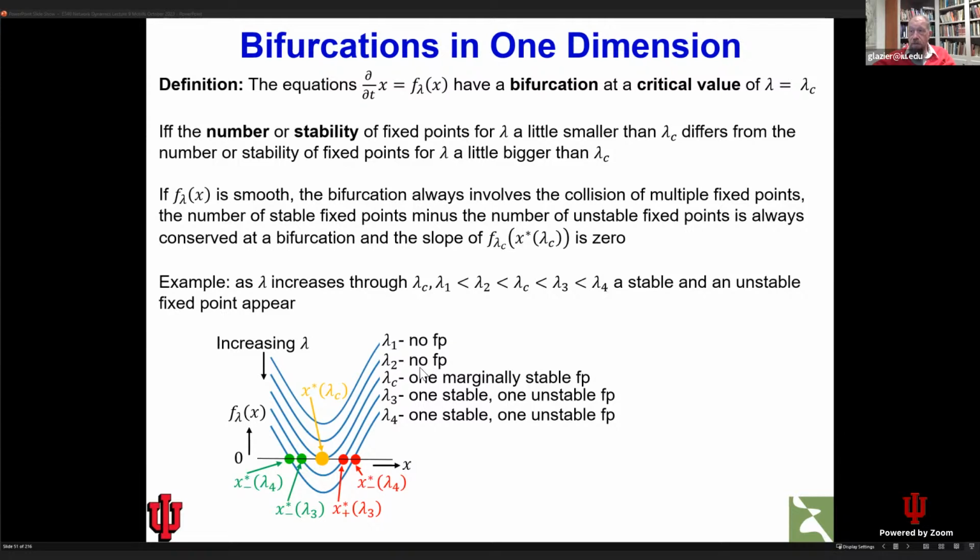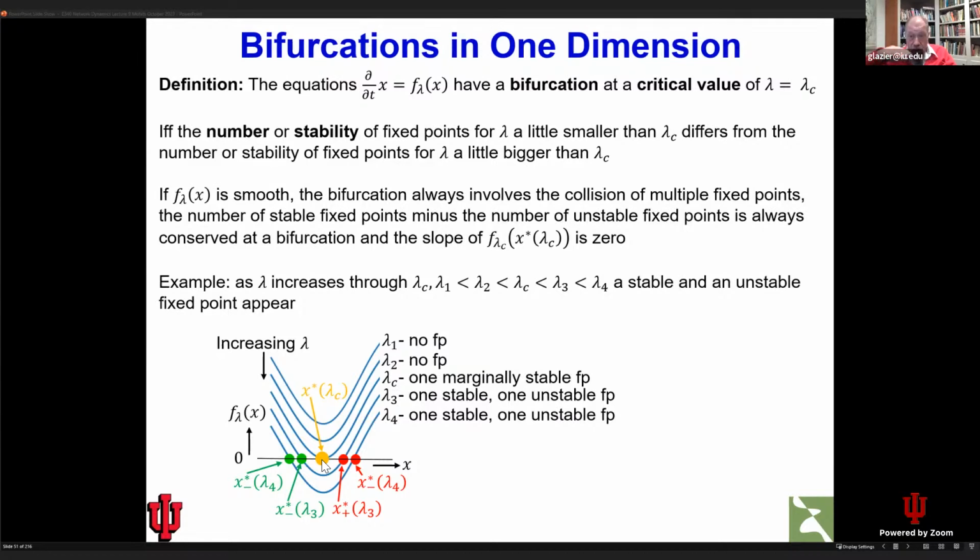Suppose that I have different values of lambda, and here is f of lambda. As lambda goes up, here is lambda 1. This doesn't cross the x-axis at all, so there's no fixed point. I increase lambda a little bit, there's still no fixed point. I increase lambda a little bit more, my function now touches the x-axis at a single point.